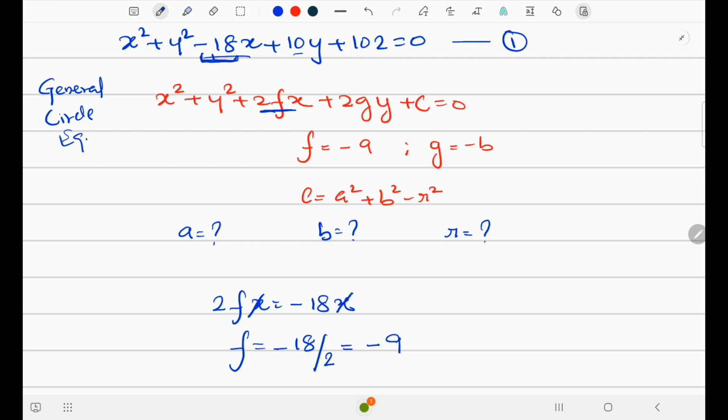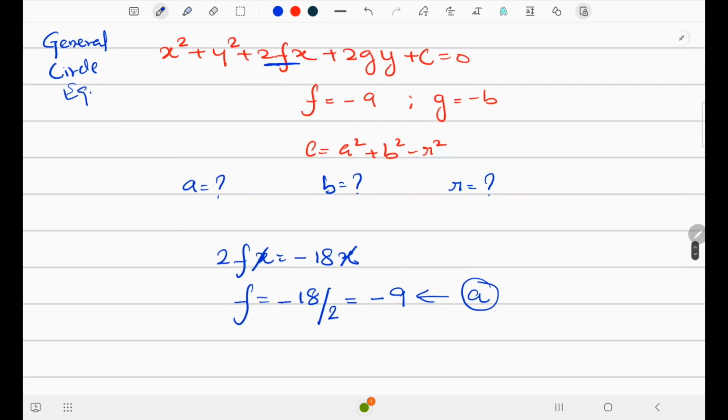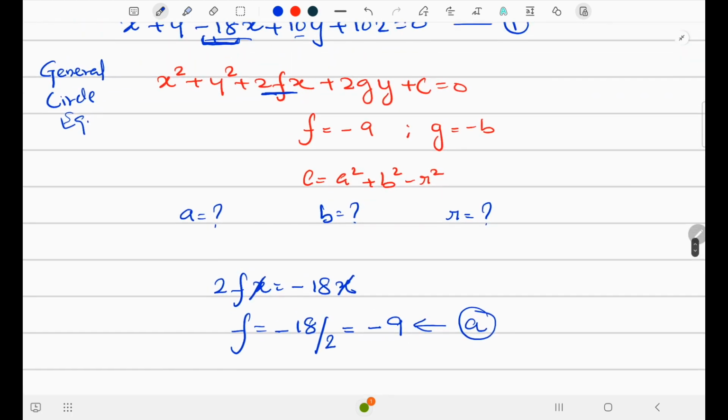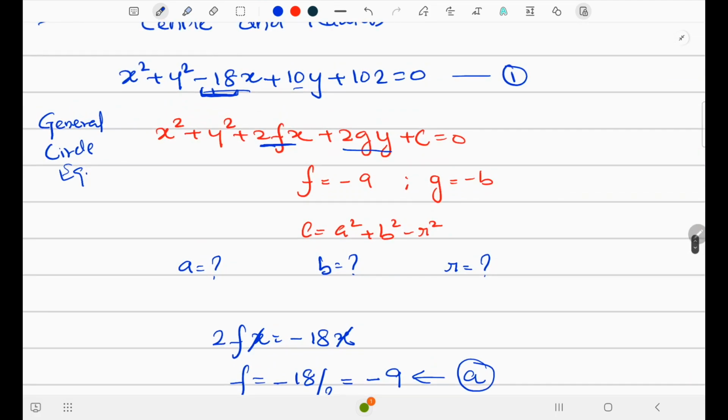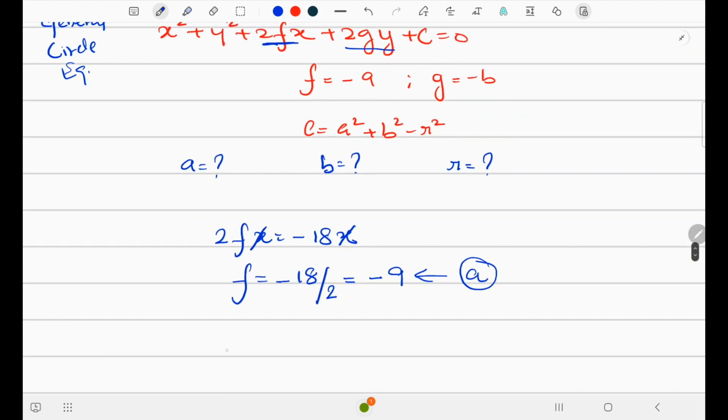So here this is a. f equals minus a, right? So we found a. Now we need to find b. What is b here? 2gy equals 10y. So 2gy equals 10y.